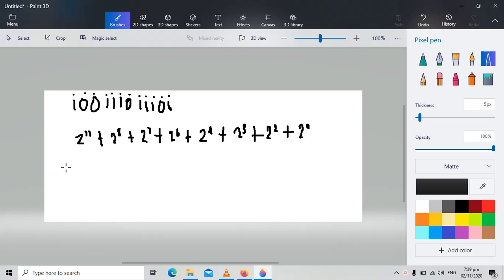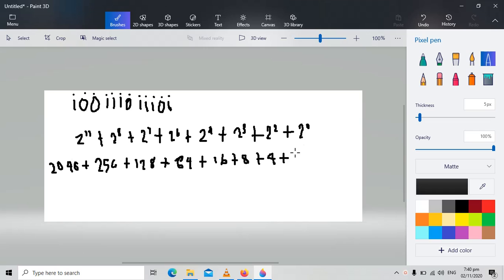Okay, 2 to the power of 11 is 2048. 2 to the power of 8 is 256. 2 to the power of 7 is 128. 2 to the power of 6 is 64. 2 to the power of 4 is 16. 2 to the power of 3 is 8. 2 to the power of 2 is 4.